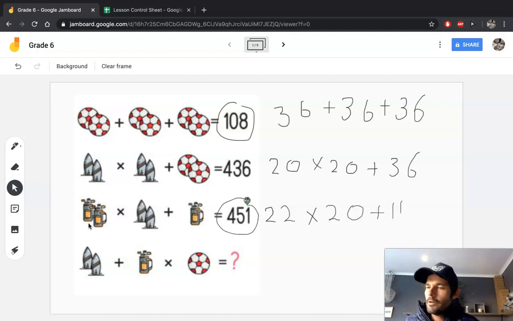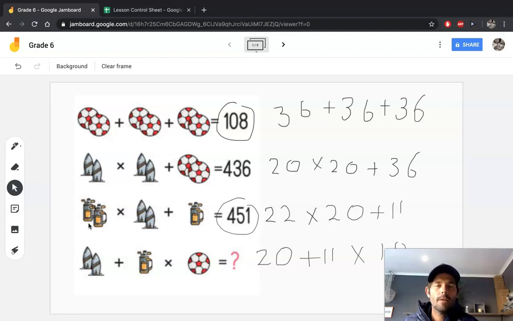And now I know the values of all the symbols. So I know that the 2 surfboards are 20. I know that the golf clubs are 11. And I know that 1 football is going to be 18. And then I know according to my order of operations, I must go 11 times 18 first.